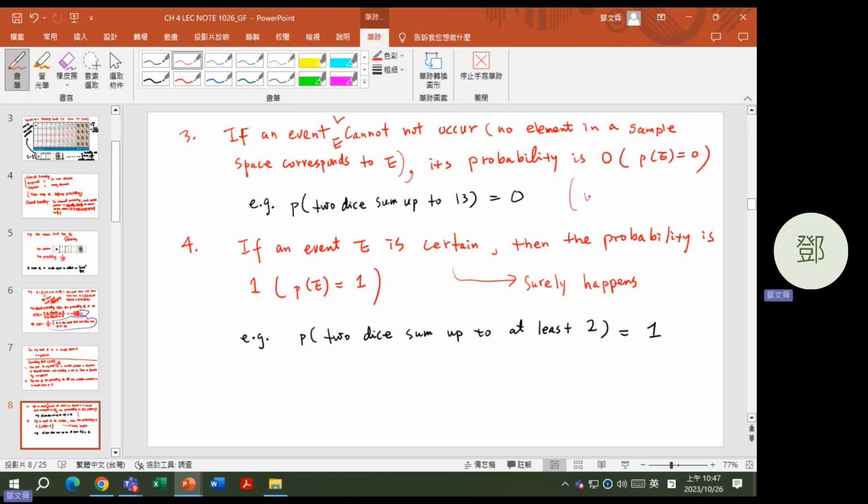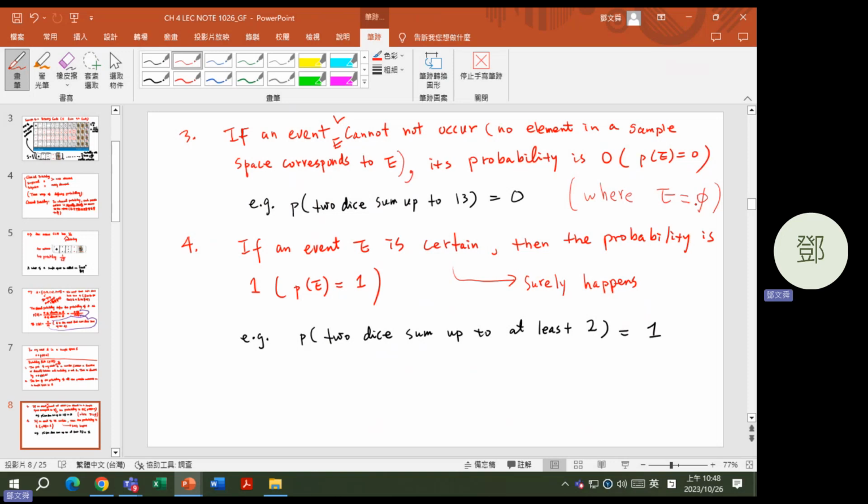And E equals an empty set. An empty set.